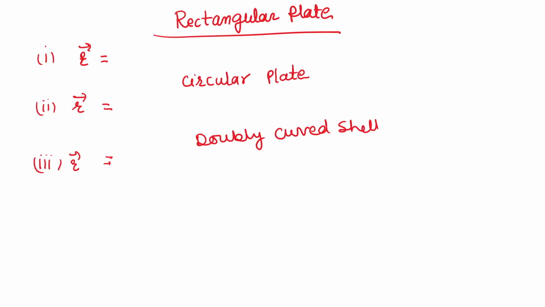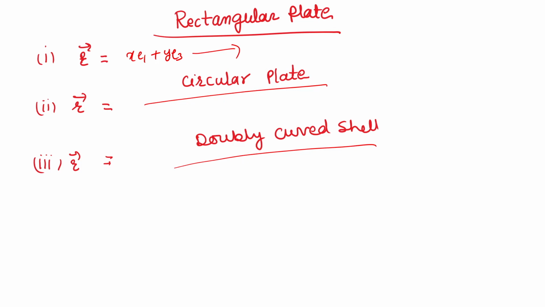In the case of a rectangular plate, the position vector is, let us say, x e1 plus y e3, and then you can develop it for a rectangular plate. Similarly, one can develop for a circular plate and a doubly curved surface shell. So, from an assessment point of view, the position vector is given to you and then one can develop.